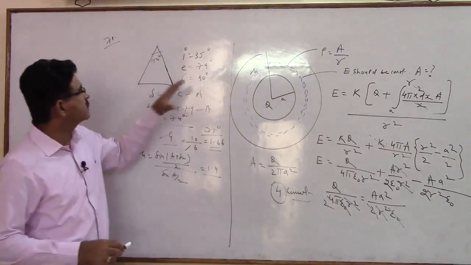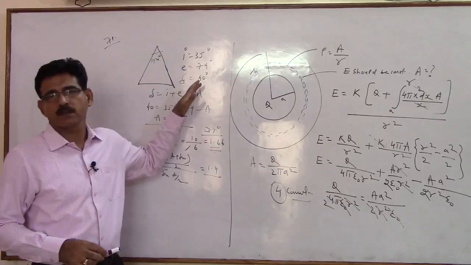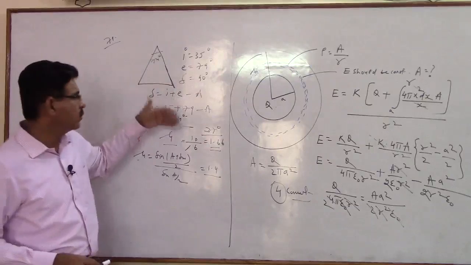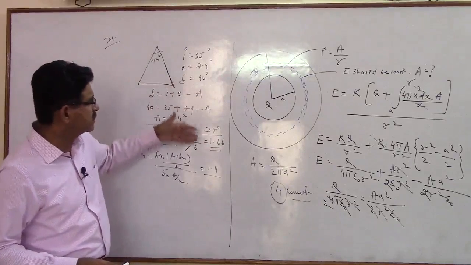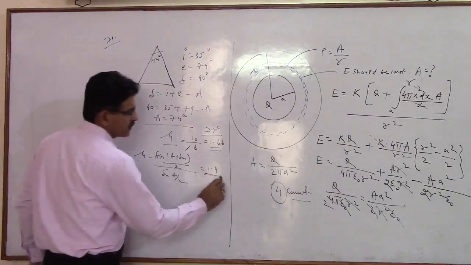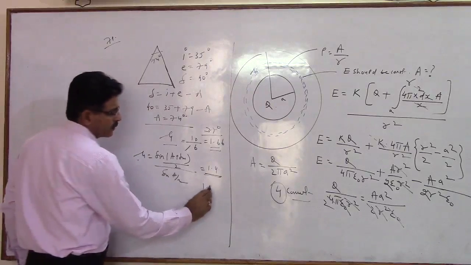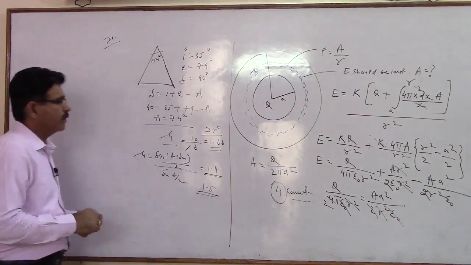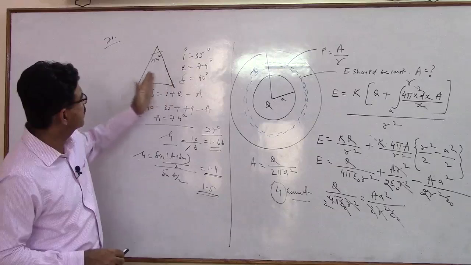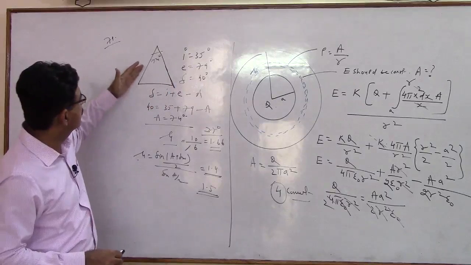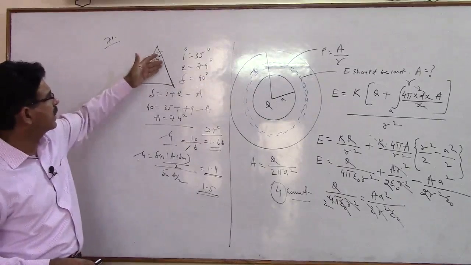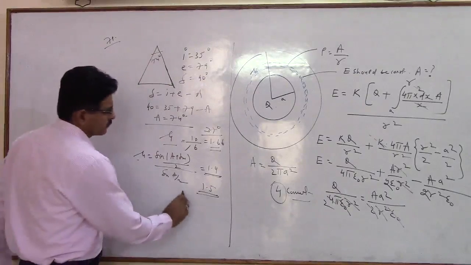But this angle is not the angle of minimum deviation. So it has to be more than that, but it has to be less than 1.66. Okay. So the corresponding value for this will be 1.5. For 1.5, this condition would be satisfied, because for 1.66 the angle of emergence becomes 90 degree, and this becomes the case of your critical angle. Okay.